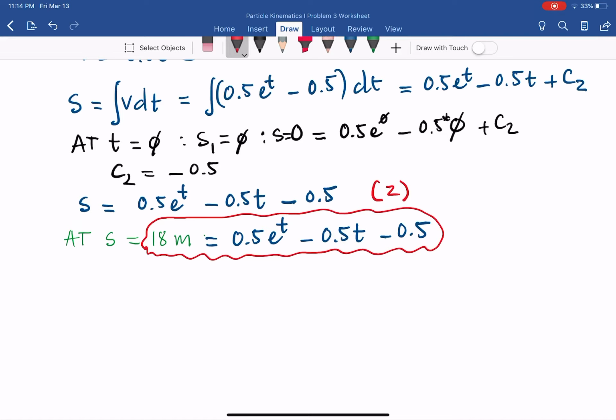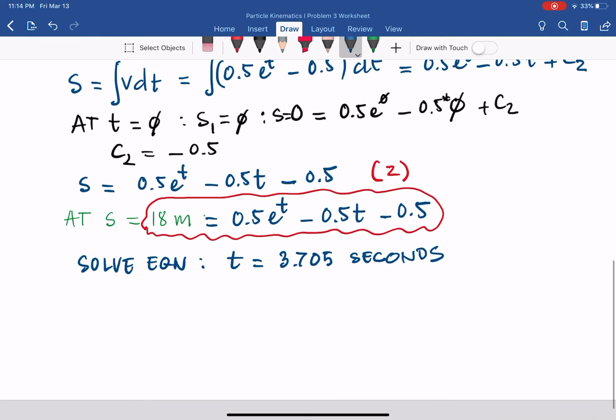Then we can say, solve the equation to get the time equal to 3.705 seconds. Okay, so that is the time.